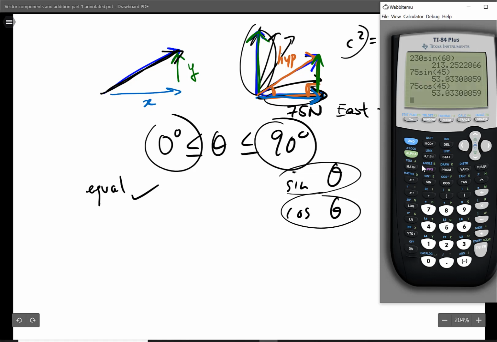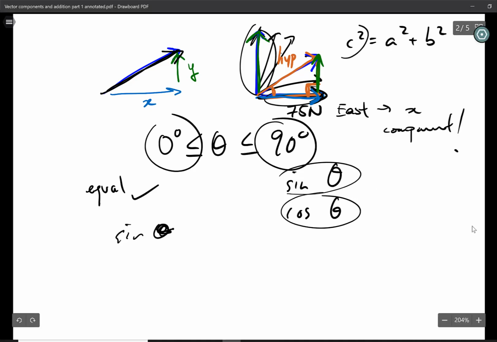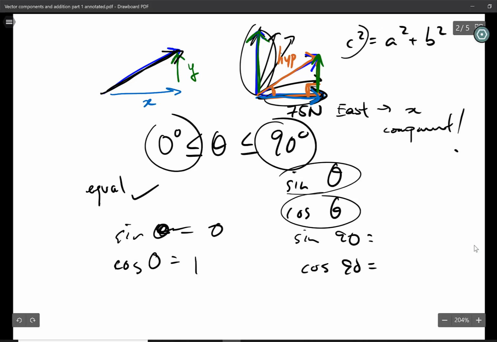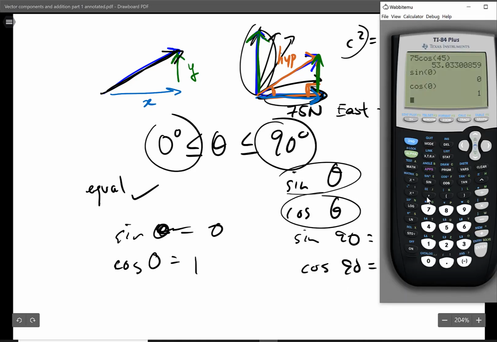Let's check sine of 0. Sine of 0, notice we get 0. Let's write these all out: cosine of 0, sine of 90, cosine of 90. Cosine of 0 gives us 1. Sine of 90, I'll do these together so we don't waste time, we get 1.